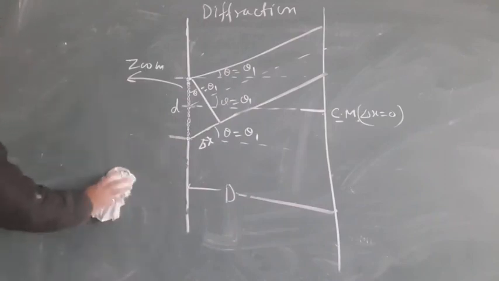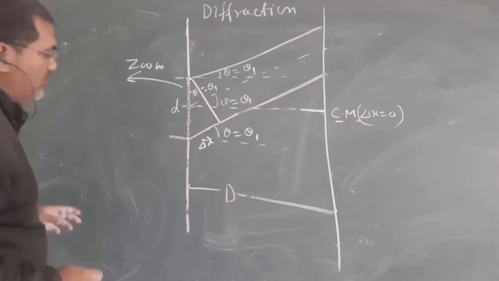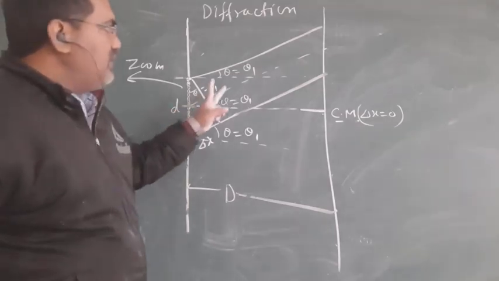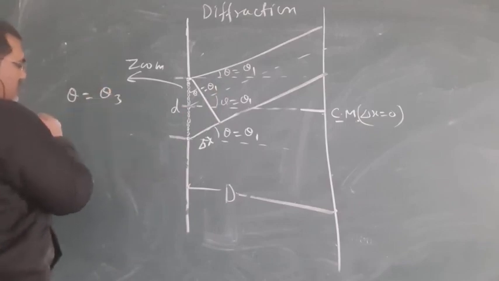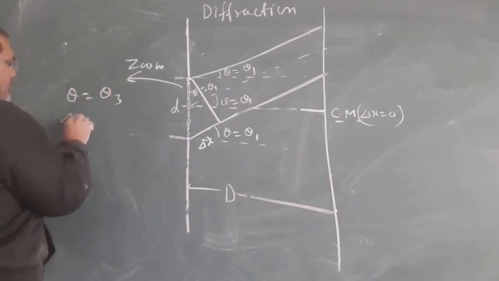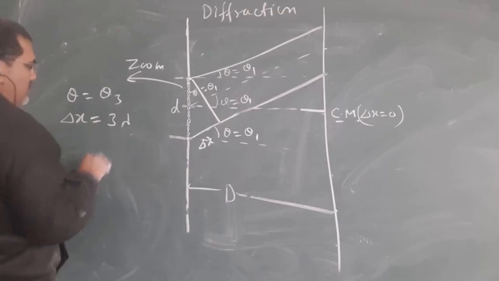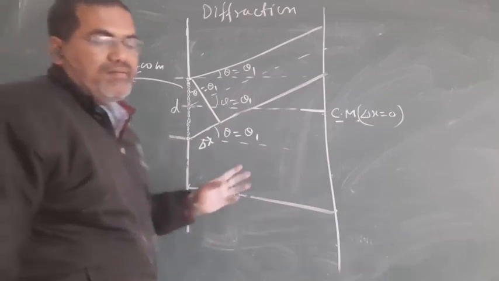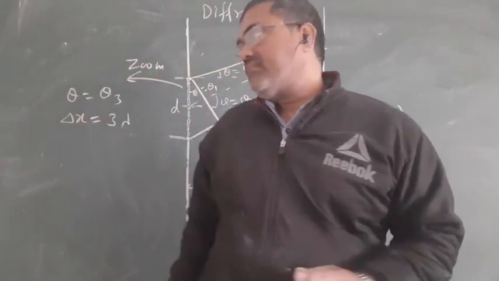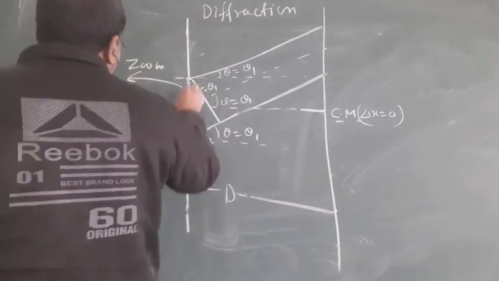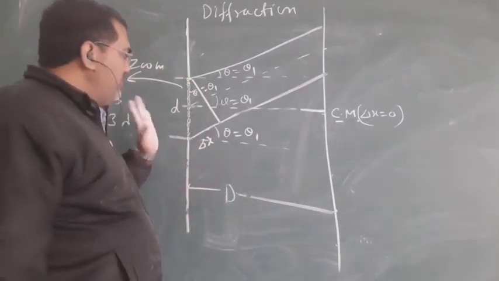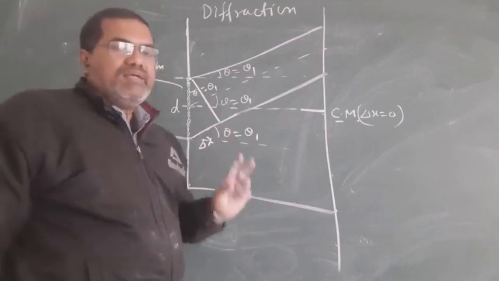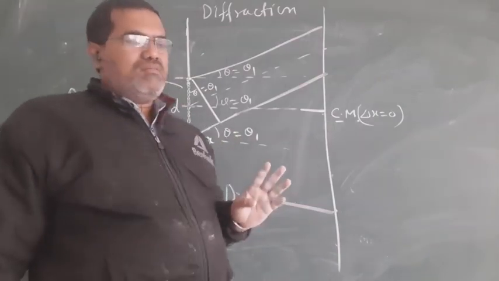Similarly, if the diffraction angle is theta 3, the path difference is 3 lambda. Again the slit can be divided into 6 parts of lambda by 2, so there are pairs.